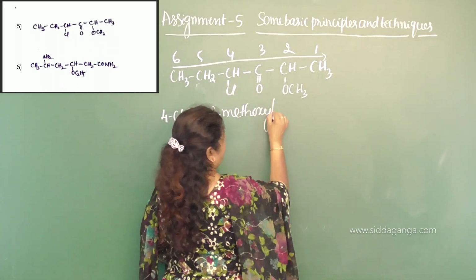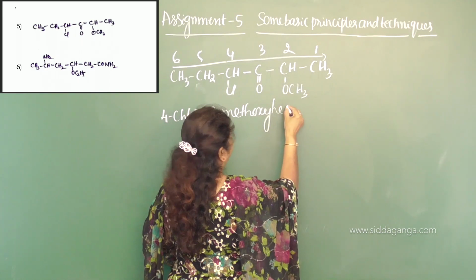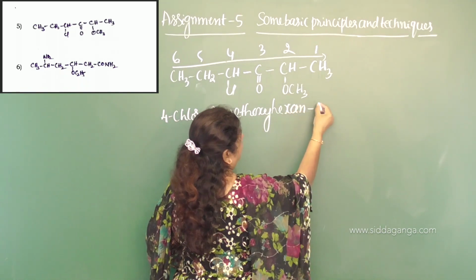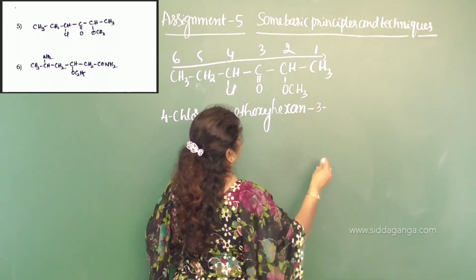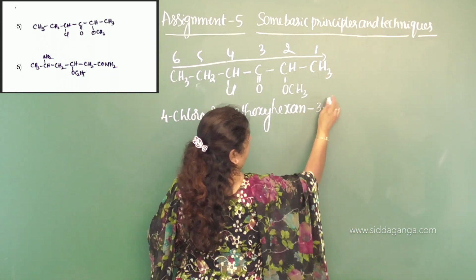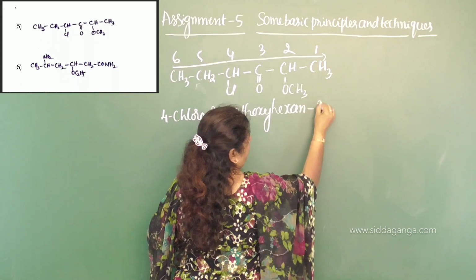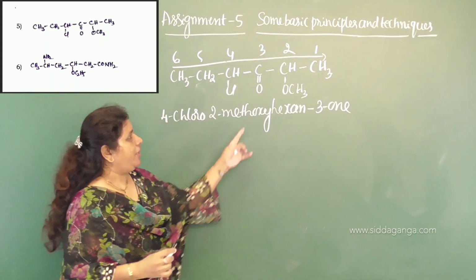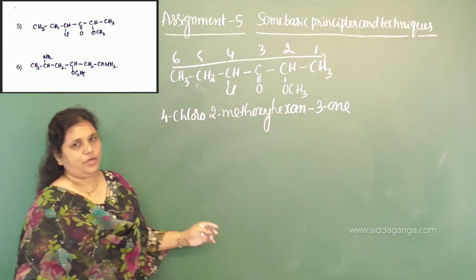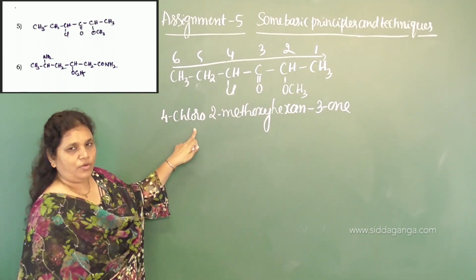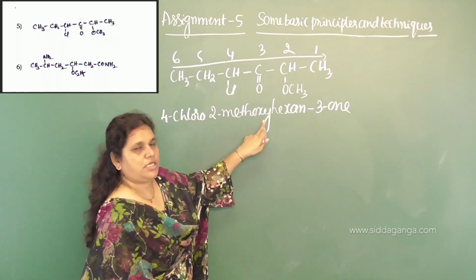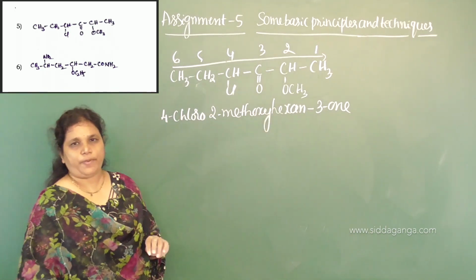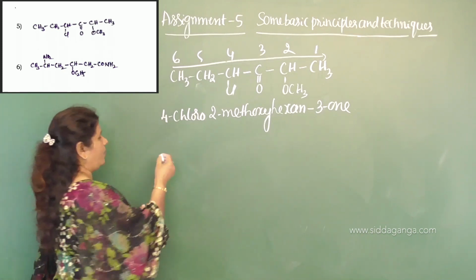How many carbon atoms are in the selected chain? Hexane, that is 3-one. See, the position of the ketone group is 3, therefore 3-one. 4-chloro, 2-methoxy, hexane-3-one is the IUPAC name for the given compound.